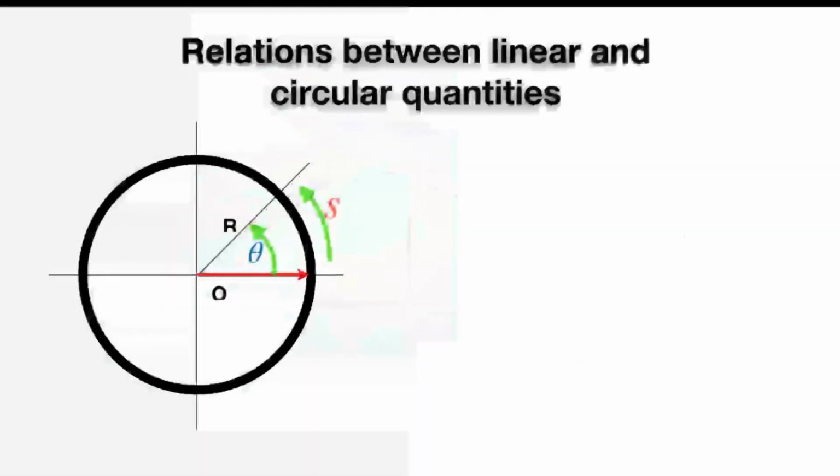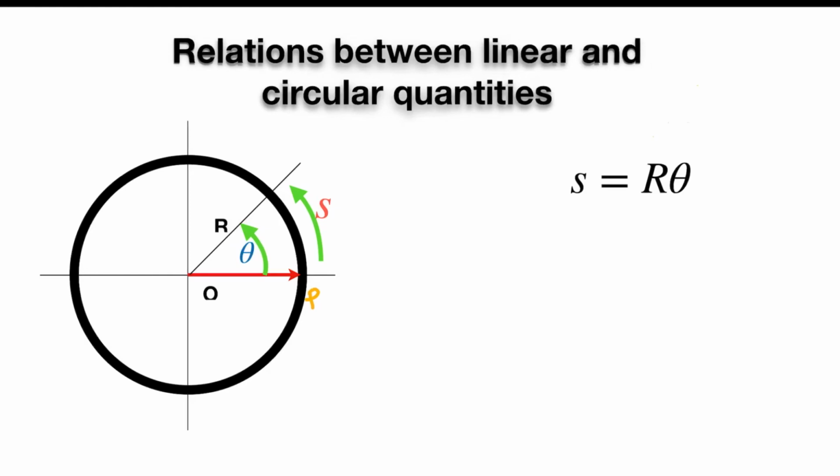Now let's see the relations between linear and angular quantities. If an object starts rotating from initial position OP, and if it covers a distance s on a circular path, this distance s can be given by r into theta, and this relation comes from the fact that theta is equal to arc upon radius.